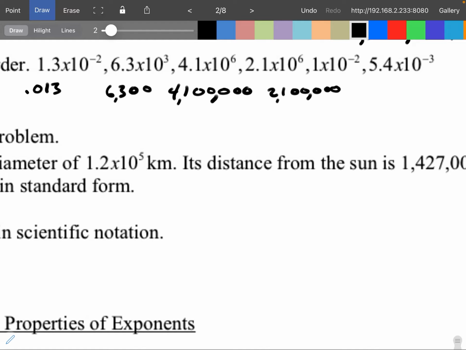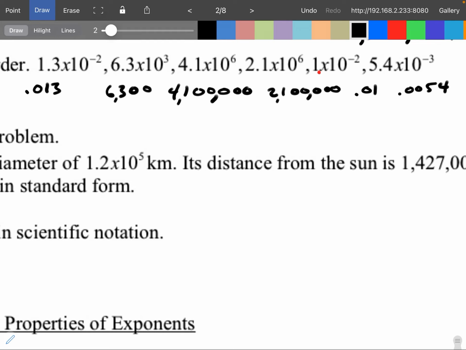That'd be 2,100,000. The next one, the decimal is right here, so I'm just going to move it 2 places to the left. That is 0.01. And then the last one, I got to move it 3 places to the left. That is 0.0054.